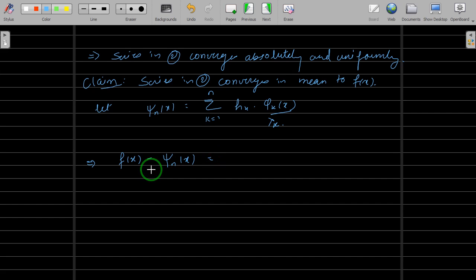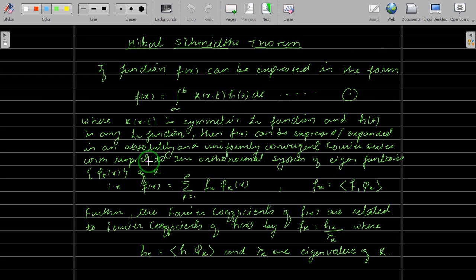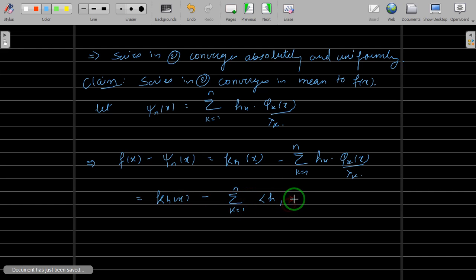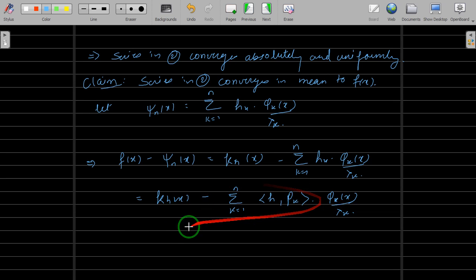We know from equation number 1 that f(x) is the integral, so it is nothing but Kh; f(x) can be written as Kh(x). So f(x) minus psi_n of x is Kh(x) minus the summation k from 1 to n of h_k phi_k of x divided by lambda_k. This is the same as Kh(x) minus the summation k from 1 to n of the inner product of h with phi_k, and then phi_k of x divided by lambda_k. And this notation is nothing but the truncated kernel.